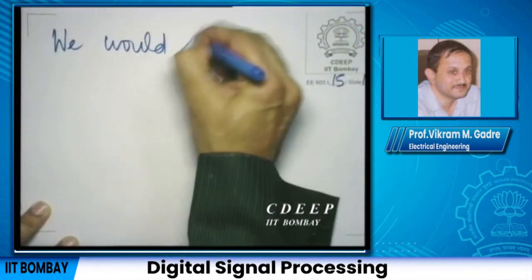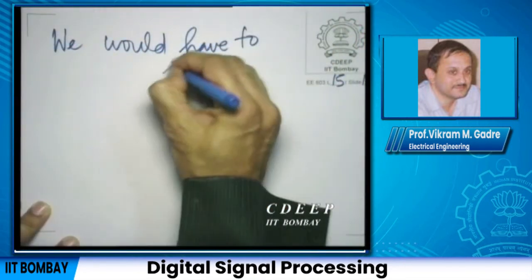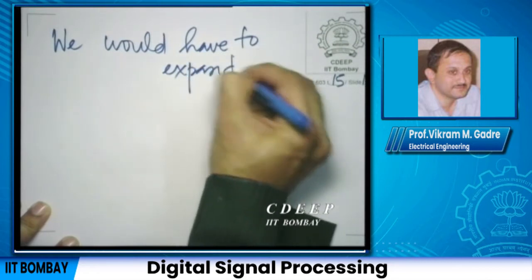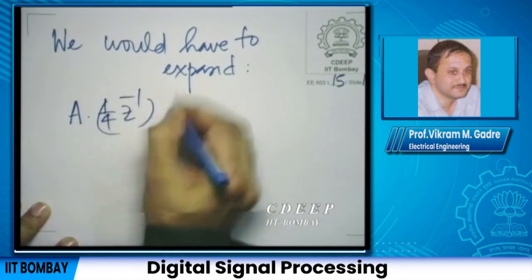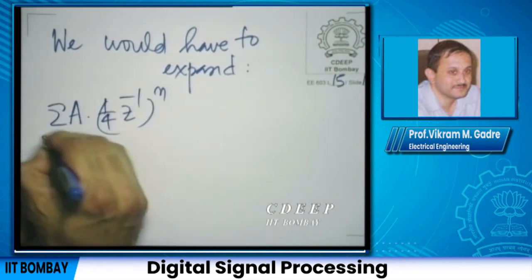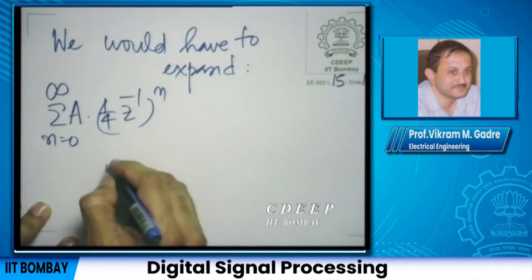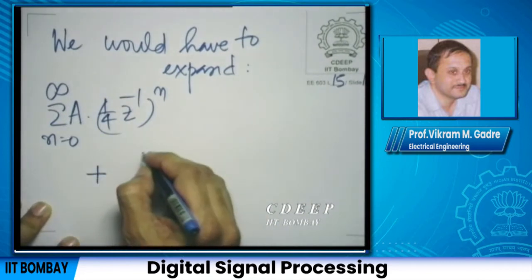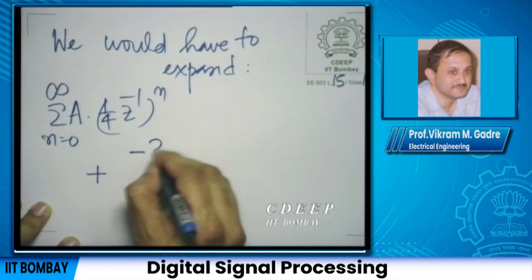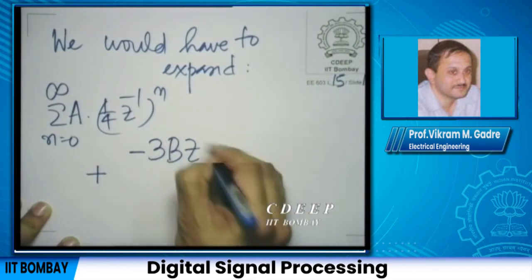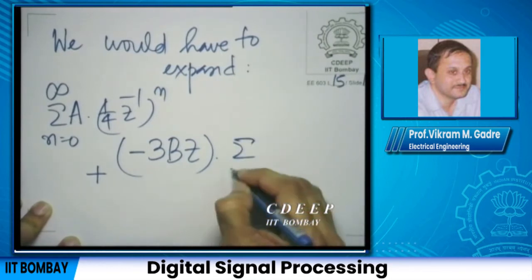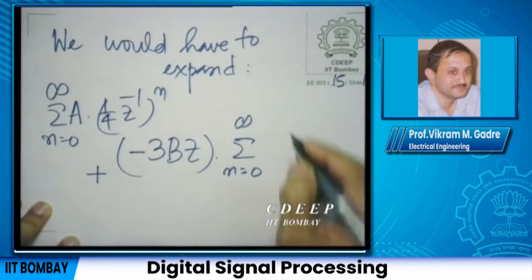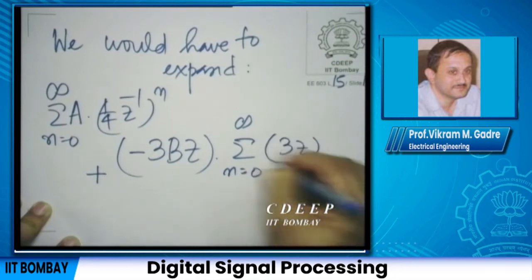So, we would have to expand A into 1/4 z inverse to the power n summed n going from 0 to infinity plus. Now, here I will take minus 3Bz times summation n going from 0 to infinity 3z to the power of n.